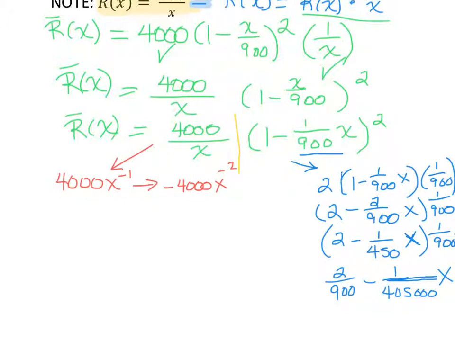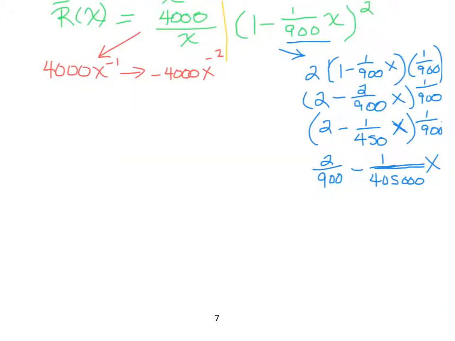And so here's my derivative of my second factor and my derivative of my first factor. And at this point, I should be ready to actually find R bar prime of x. I have the derivative of a product.